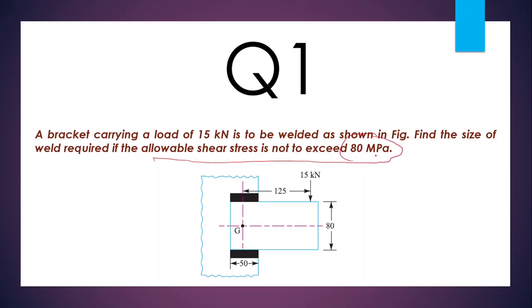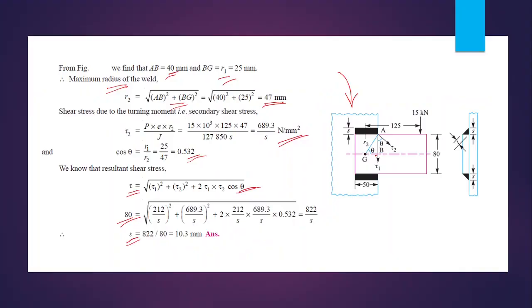From this given data, we can equate this particular shear stress. The resultant shear stress must be equal to 80. Then S is equal to 822 by 80, that's equal to 10.3 mm. Okay, this is the answer for the first problem.